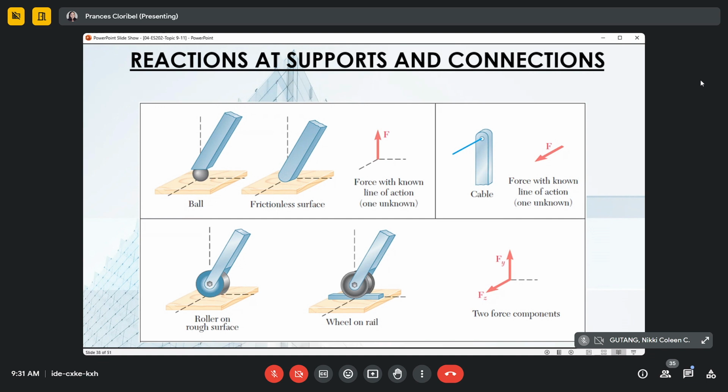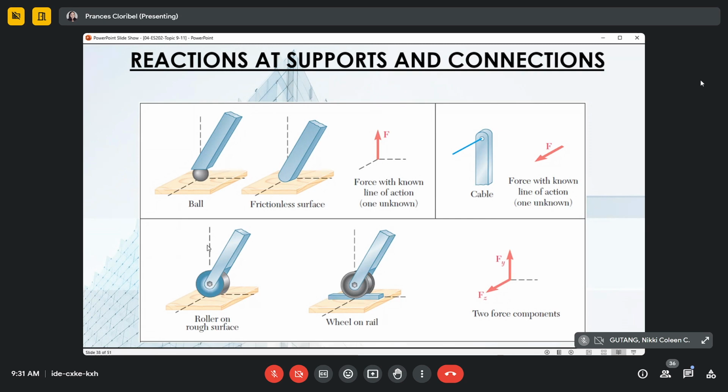Now, for a roller on a rough surface or wheels on rail, this roller can freely move along the x-axis. But because it is pinned from this body to this roller support, it is not allowed to move along the z-axis. Muligid ang atong ligid, di ba? It is being restricted by this pin here.